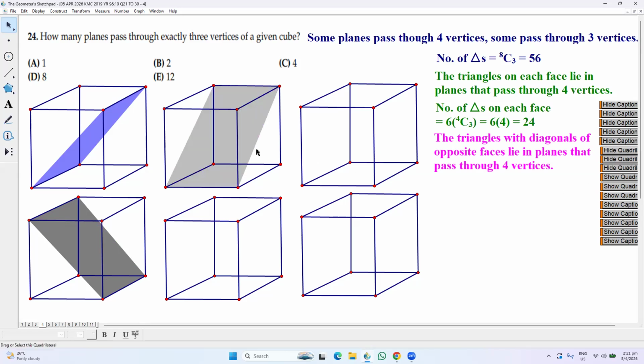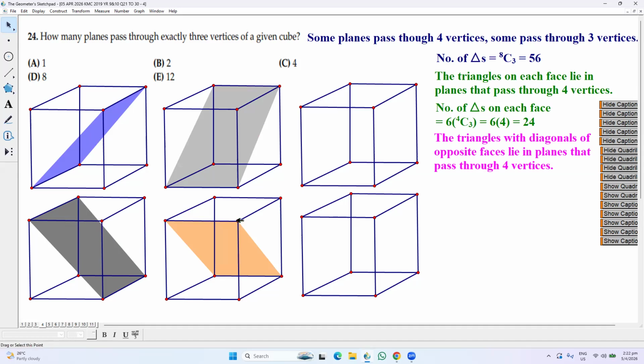Then we choose the side face, the diagonal, and opposite the right side, there is the left side. Opposite diagonal on opposite face. Again, 4 vertices. So there are 2 such diagonals for the left and right.